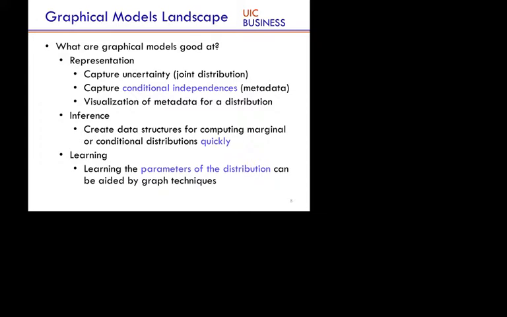They also let us capture one interesting property, which is the conditional independence property: which random variables are independent of which other random variables if I have observed some parts of my distribution. That was what we spent most of our time on last week, in addition to reviewing some concepts in probability and graphs. We focused on conditional independence properties that can be captured from directed graphical models last time. In general, graphs are also useful for visualization.